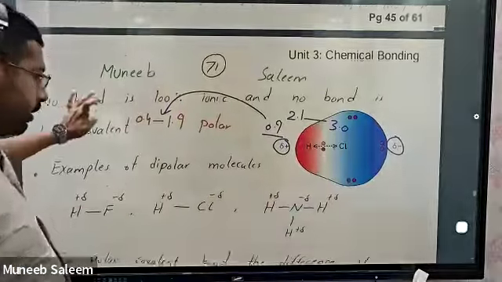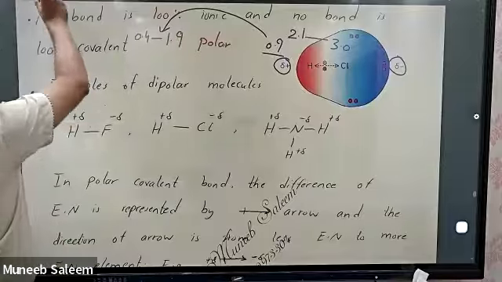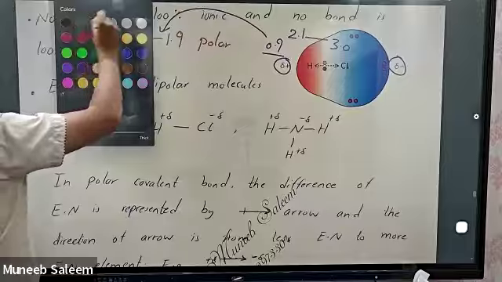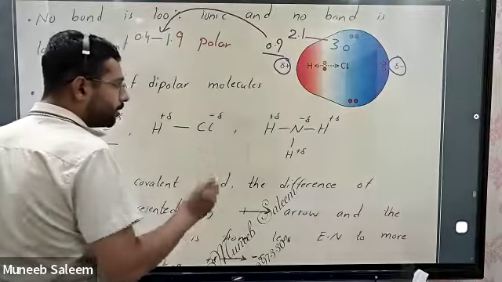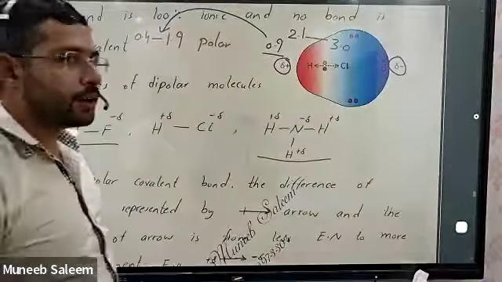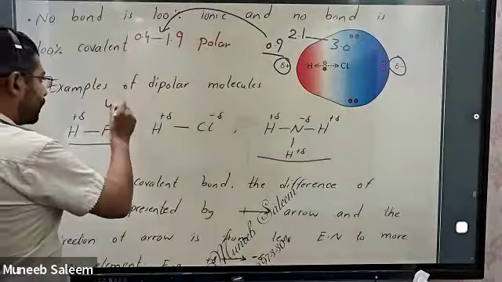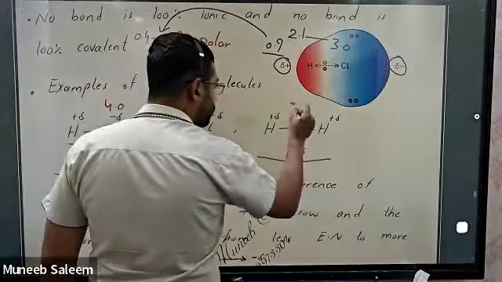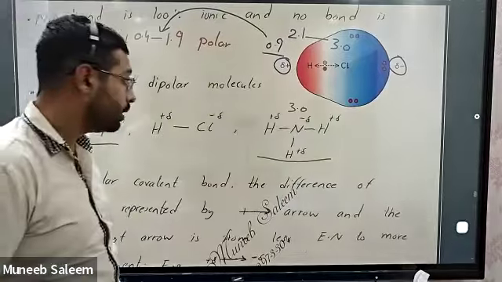Similarly, you can also expect polarities in HF, like this one. HCl is already discussed, and then this ammonia, they all have polarities. The value for fluorine is 4.0. The value of nitrogen is 3.0, just like oxygen, just like chlorine.